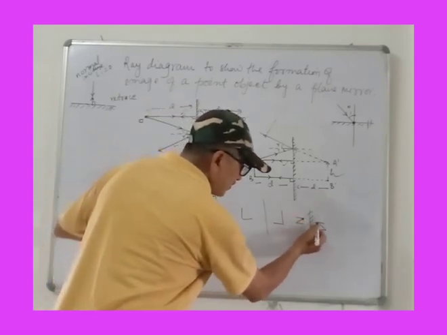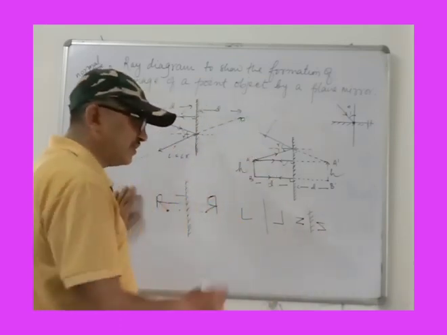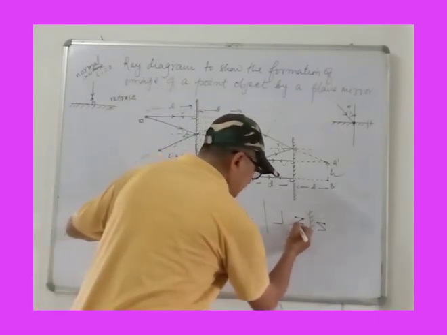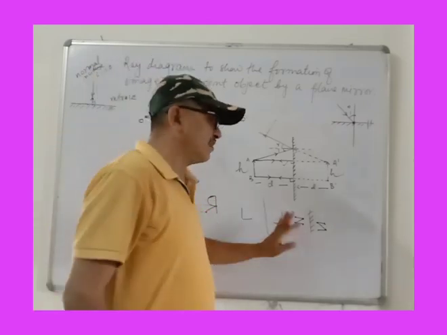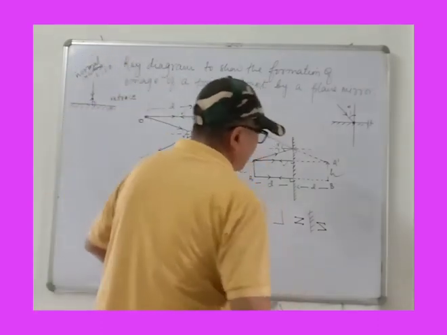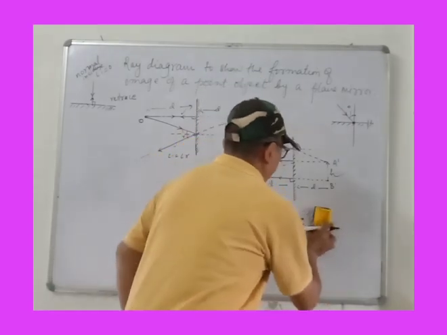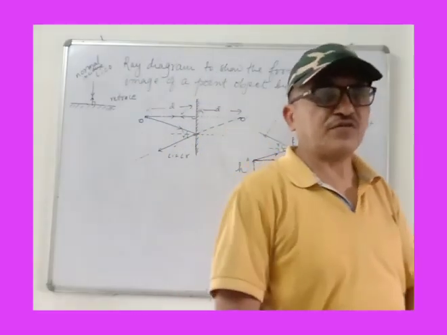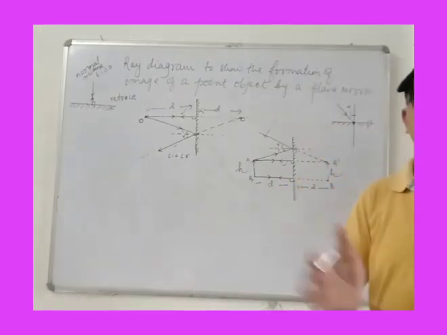The image of this is this, and the image of this is this, maintaining an equal distance. Clear? So it is called lateral inversion. But this is a minor thing. You might have seen that ambulance is written in the opposite manner; that is the same phenomenon, lateral inversion.